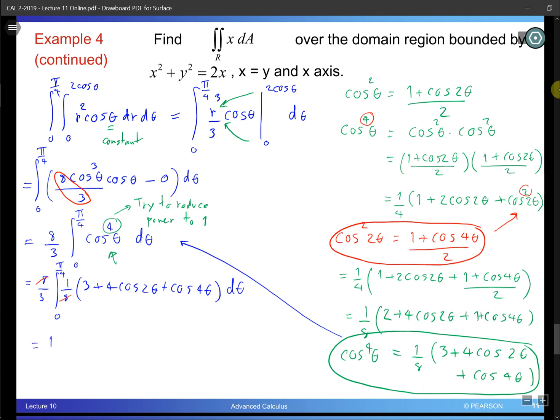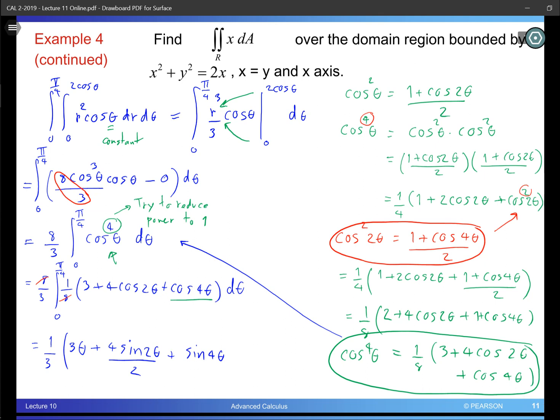So 1 over 3 is still out here, and integrate 3 with respect to theta, it becomes 3 theta. Integrate 4 cosine 2 theta, it's going to become 4 sine 2 theta divided by 2 because of the reverse chain rule. Now integrate cosine 4 theta, you are going to get sine 4 theta, right? Differentiate sine, you get cosine.